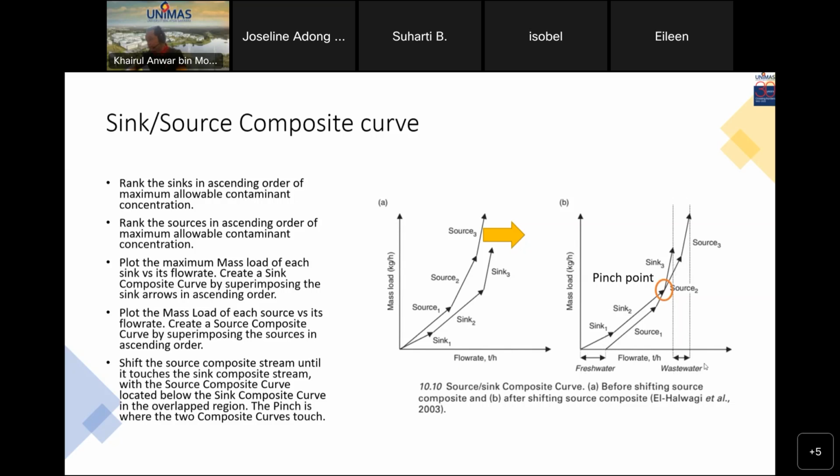So the later part, this region is wastewater. It consists of only a source. This is the optimum flow rate for freshwater and wastewater.